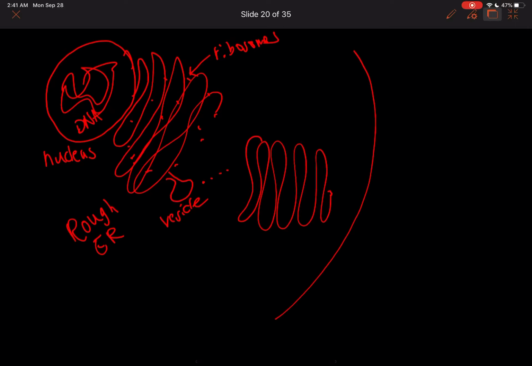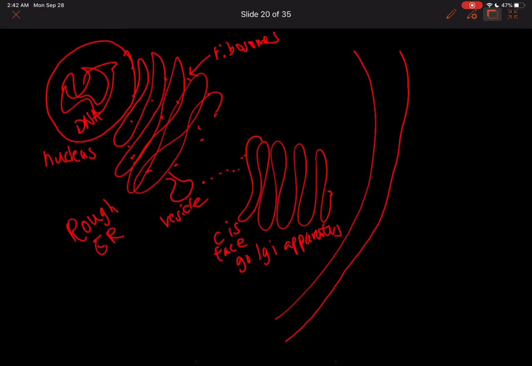If this was the border of the plasma membrane, then this vesicle would travel towards the cis phase of the Golgi apparatus. The vesicle then fuses with the Golgi. Protein travels through the Golgi apparatus and then buds off in another new vesicle with repackaged, modified proteins.